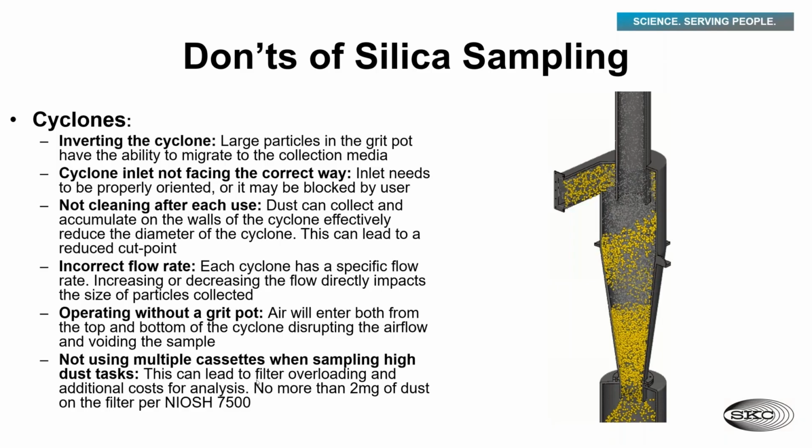By splitting your sample throughout the day, maybe every 3-4 hours when you're checking on the individual that's in a very dusty task, changing that cassette throughout the day will alleviate not only the extra costs of having to split samples, but also give you a more granular look at what happened throughout the day.